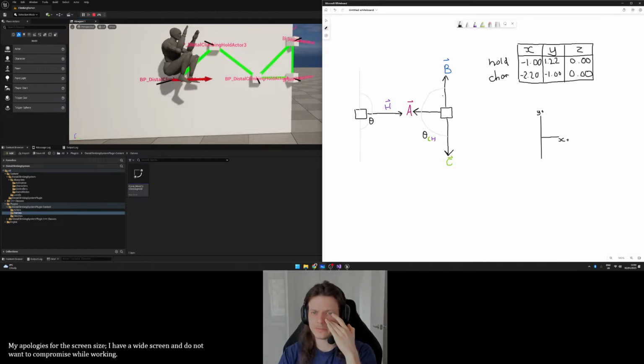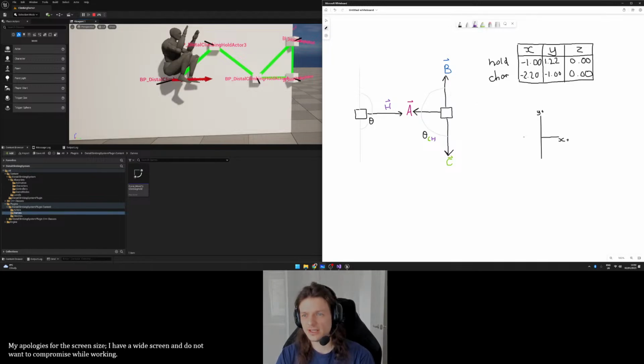And so our position here is -1 for the hold, or the forward vector is -1, but it's not a rotation. It's not a rotation vector. So let me put this in here.